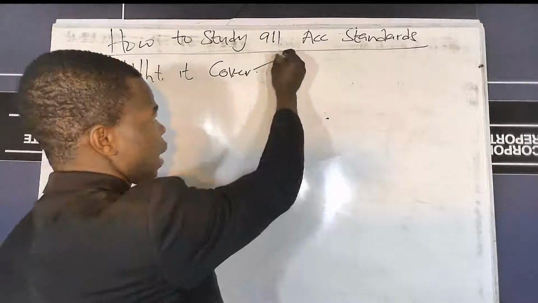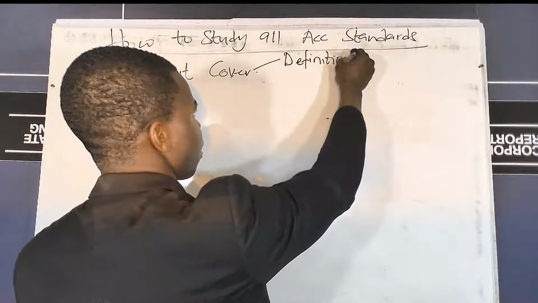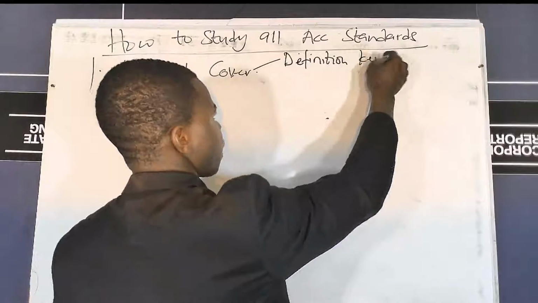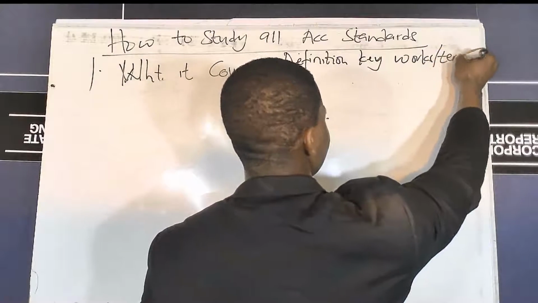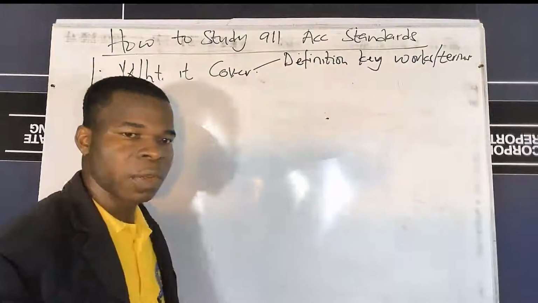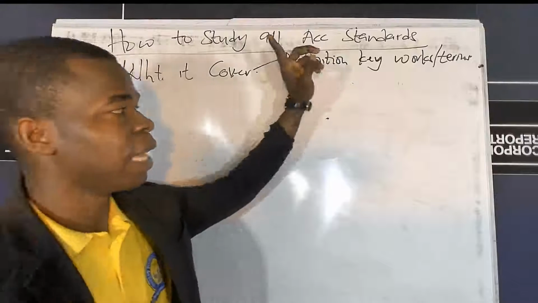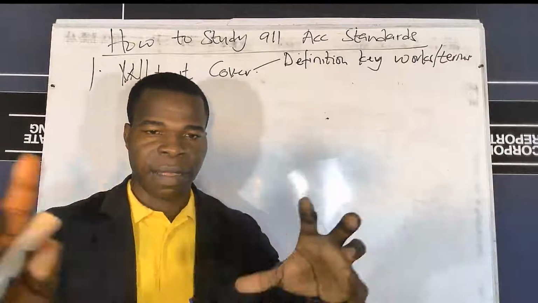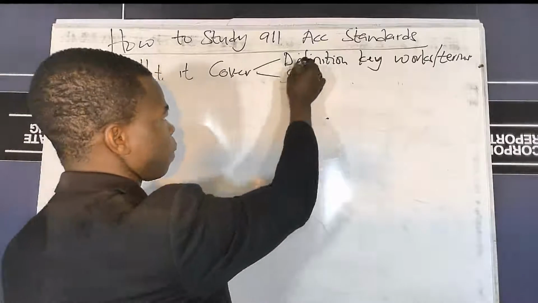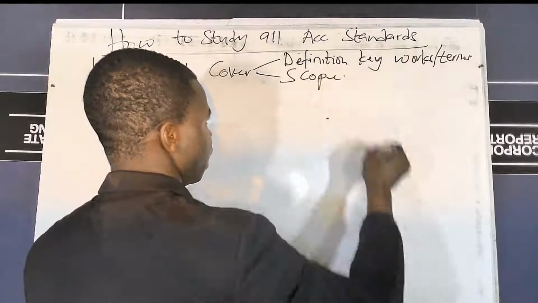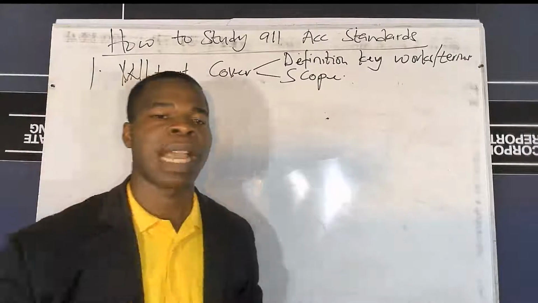So here we are looking at the definition of key keywords or key terms in the standard. So anytime we take a particular accounting standard, we are looking at the definition of keywords in that particular standard. Then we are looking at the scope. We are looking at what that particular accounting standard covers.